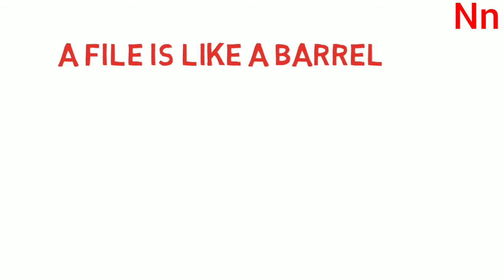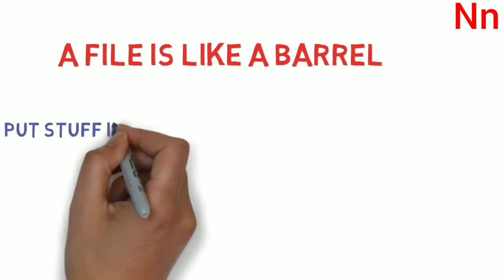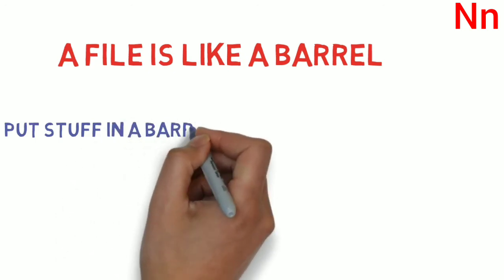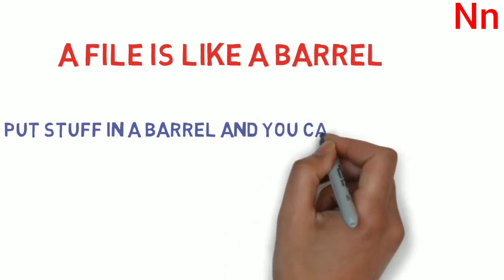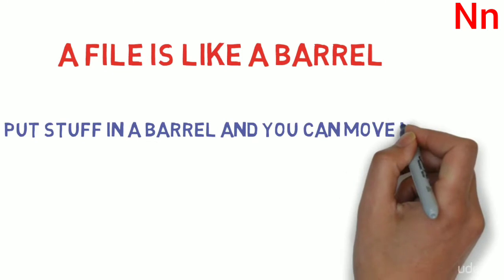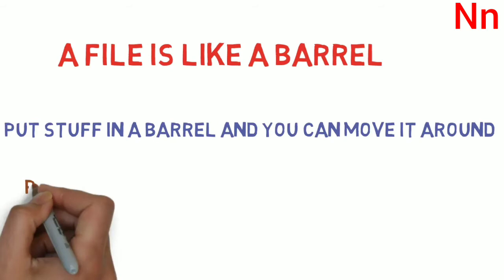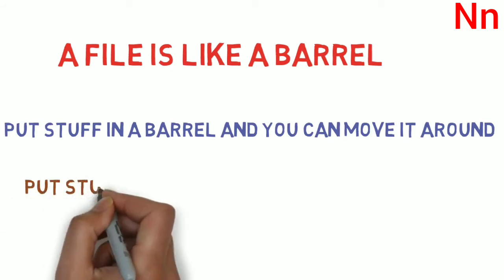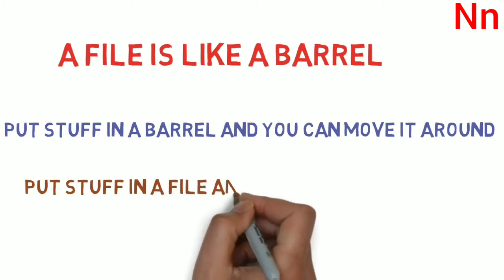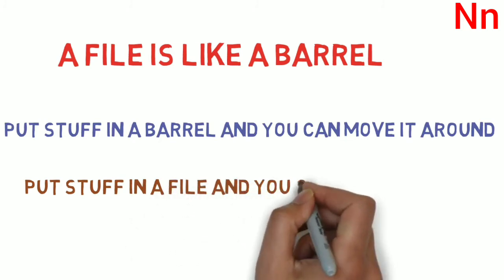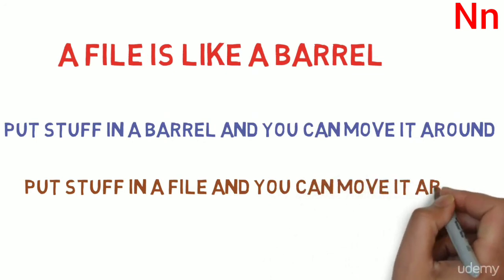You put stuff in a barrel and then you can move it around from place to place. Similarly, you can put stuff in a file, and once that information is contained within a file, you can move it from one place to another place.